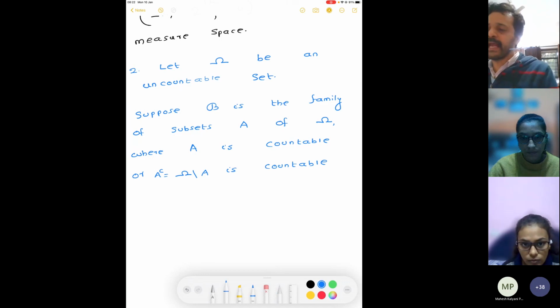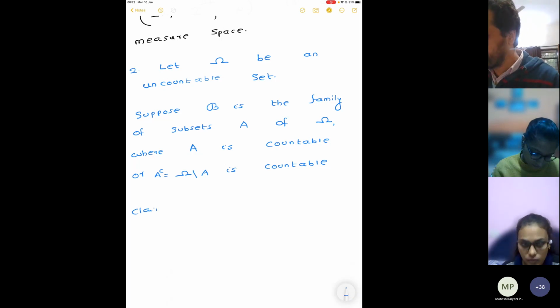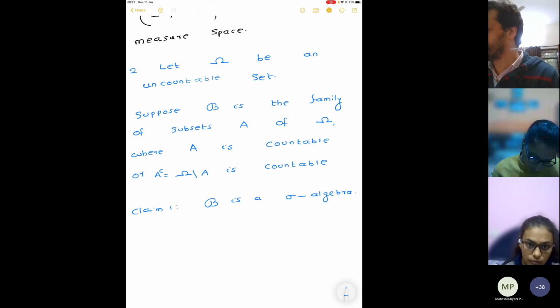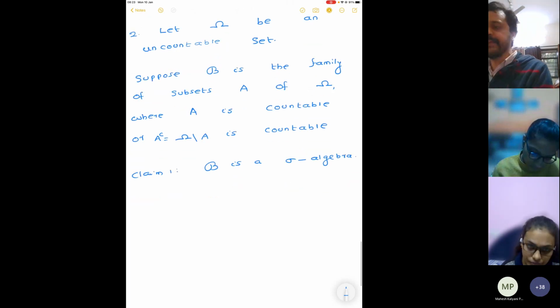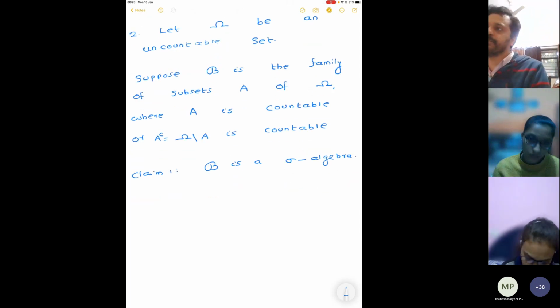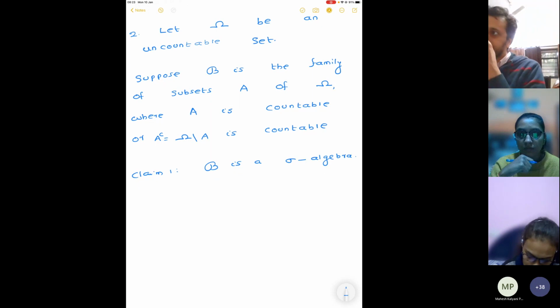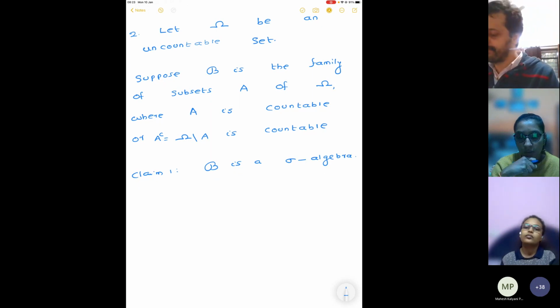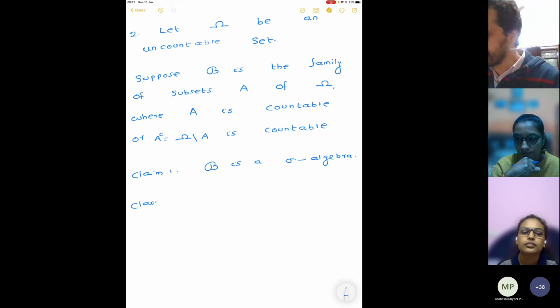So here I am making two claims which you should verify. One is claim 1. B is a sigma algebra. B satisfies 3 requirements, of which the only non-trivial thing is to prove that B is closed under countable union. And claim 2 is the following.